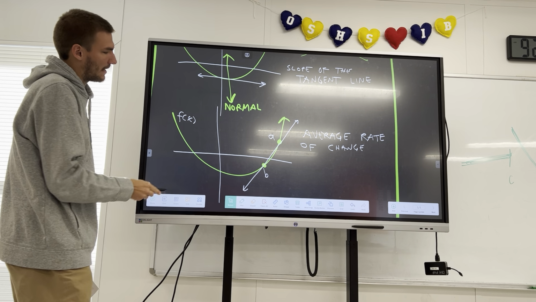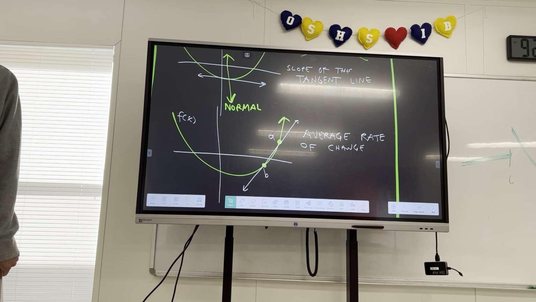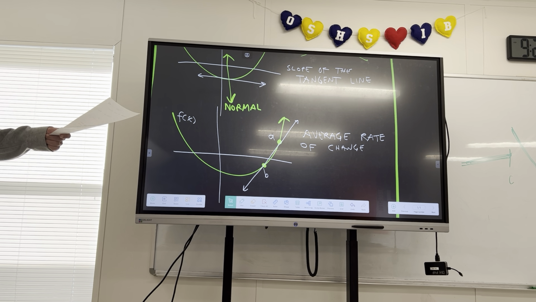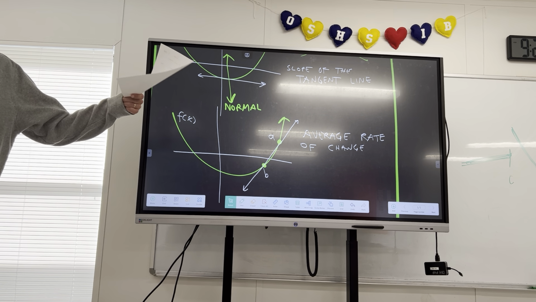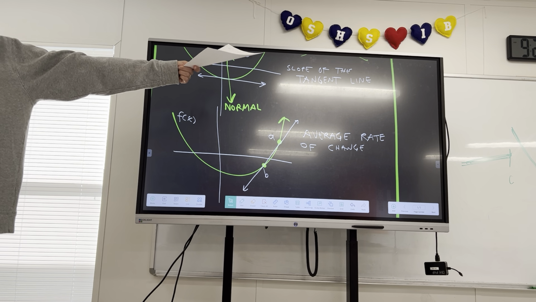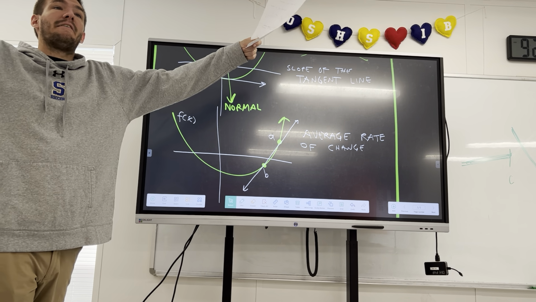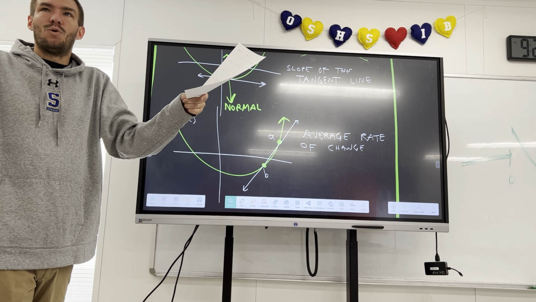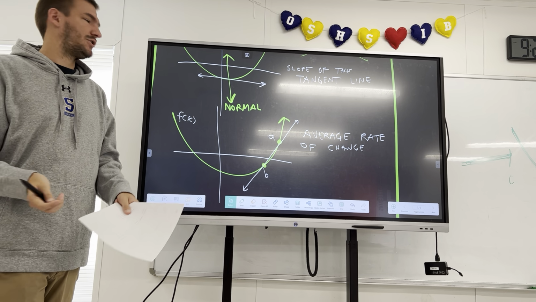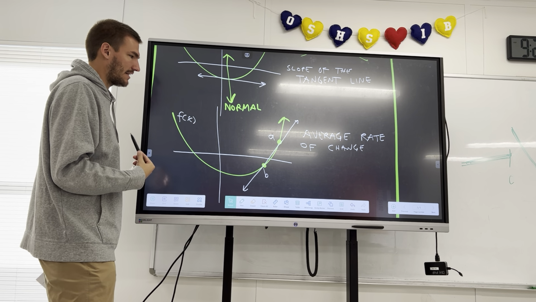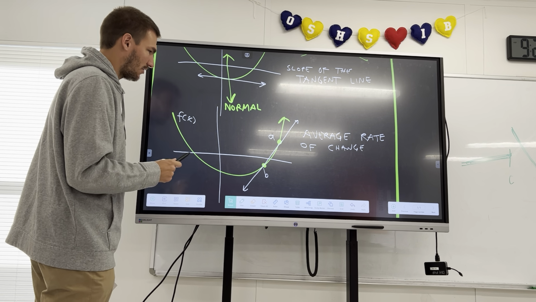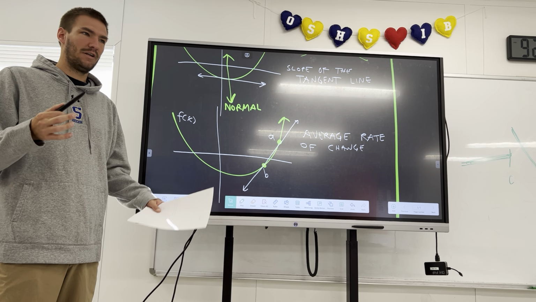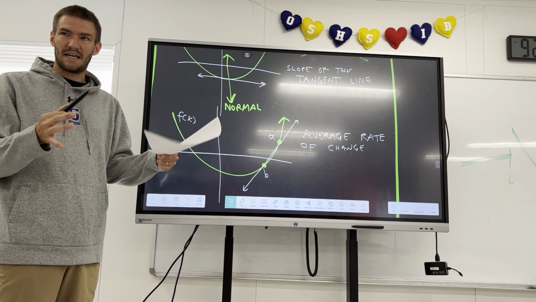Is that a better representation of our slope? It is getting closer. So what we're figuring out is, if we want the average rate of change of a big region, obviously it's going to be less specific, and as we have the average rate of change of a smaller and smaller region, it's getting more and more accurate to that region, which is true in just about anything. That's definitely not some hot topic. So, what would we have to do to figure out really the best precise rate of change?